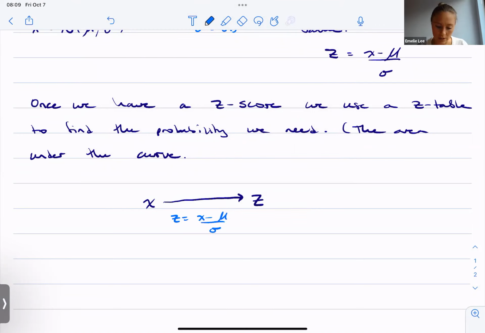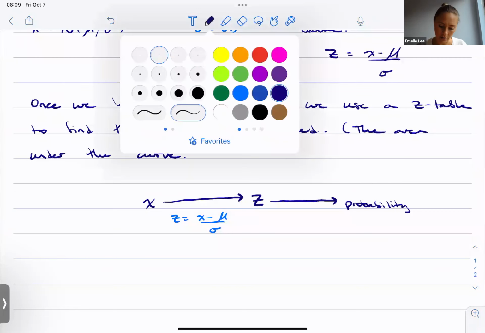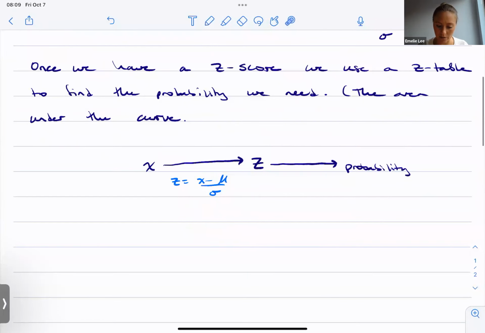So that's how we go from an observation to a Z. And then from a Z to a probability, some area under the curve, how do we do that? From the z-score, we use the z-table.